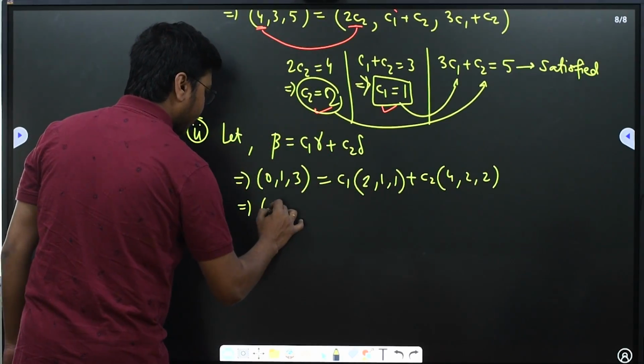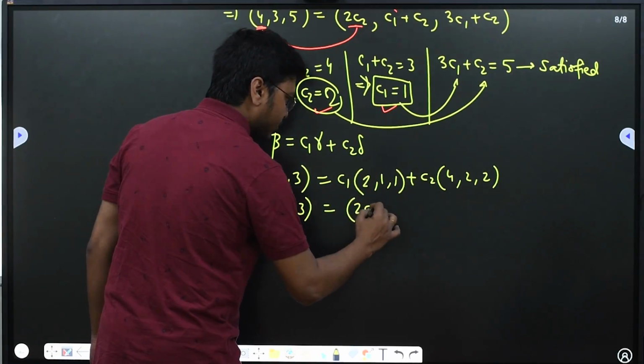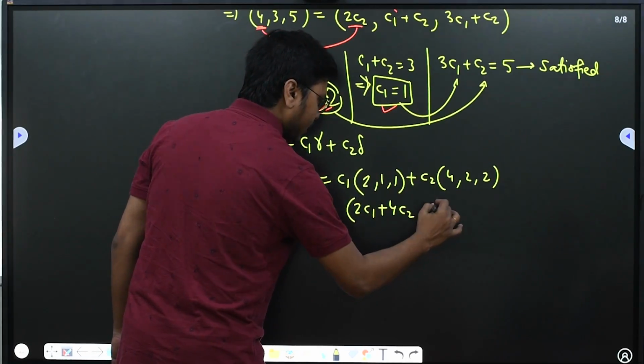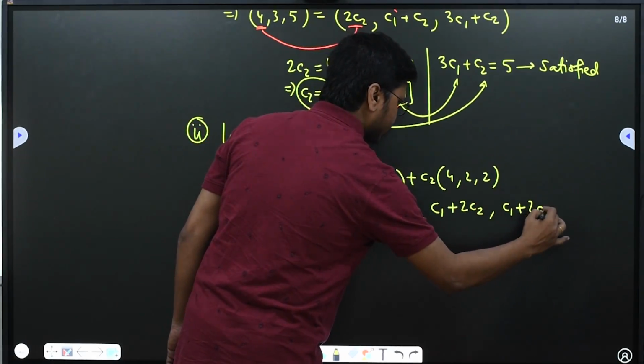So again, if I equate it in the same way as before, for the x coordinates I'll get 2C1 plus 4C2, then C1 plus 2C2, and C1 plus 2C2.